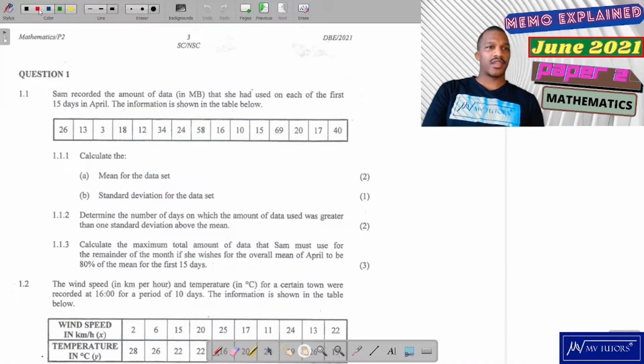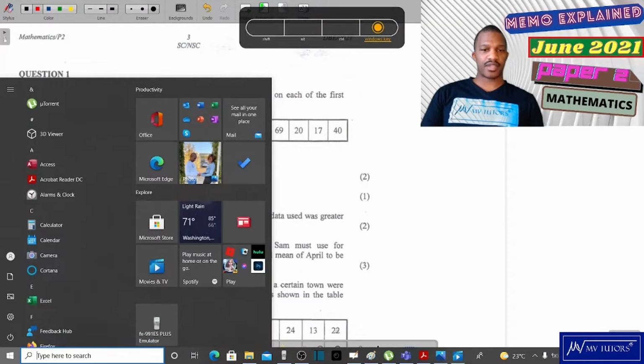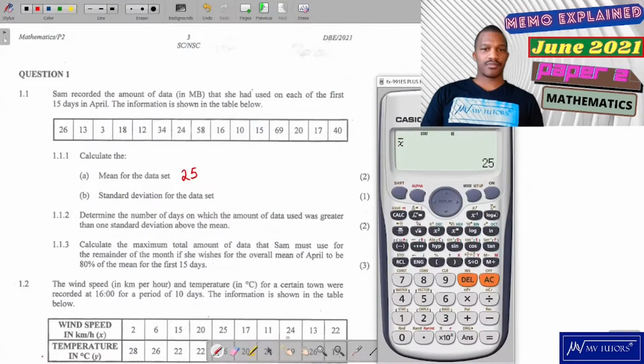Let's go ahead and write that down. Our mean is 25. Now for standard deviation, you clear that once again, and then we go shift and stat.